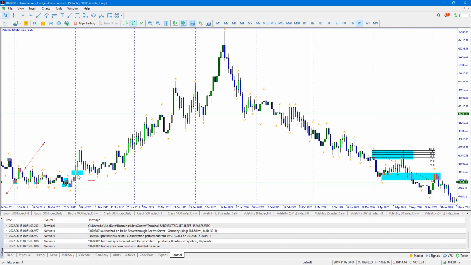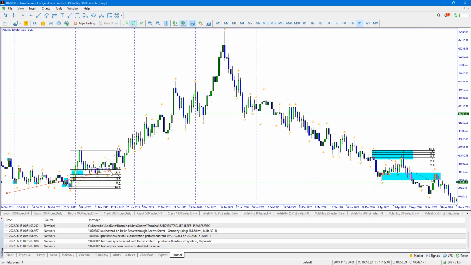Price came back to test this imbalance. Taking my fibs from here to here, price came into the 61.8, which happens to be the fill of this imbalance created by the upward thrust.